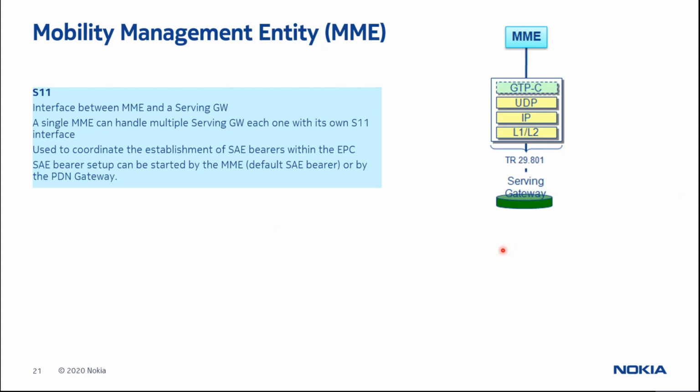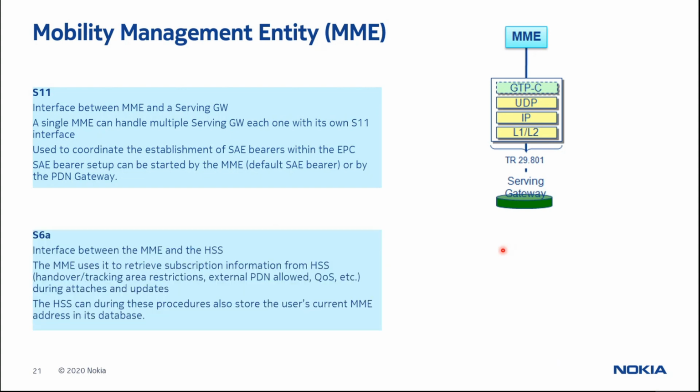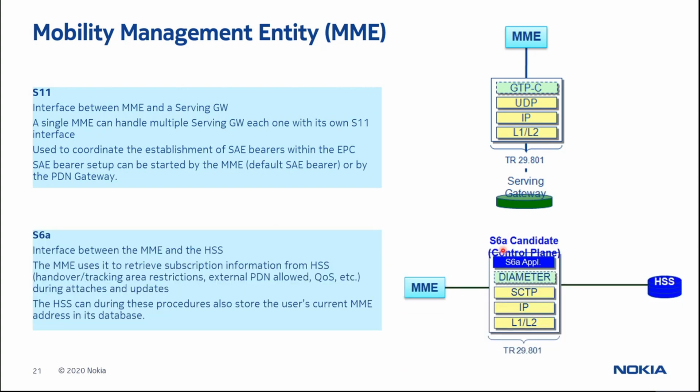It is called S6a, where it retrieves the subscriber related information. And the same MME also has a very important interface towards the serving gateway, called S11, right? So it is the interface between MME and the serving gateway. It is used to coordinate the establishment of bearers.